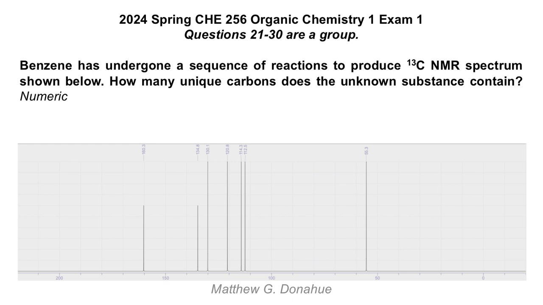So this is just counting from this data: 1, 2, 3, 4, 5, 6, 7. So it's telling you benzene, there's 6 carbons there. In benzene, however, the uniqueness is 1, but we're reacting it with an electrophile.